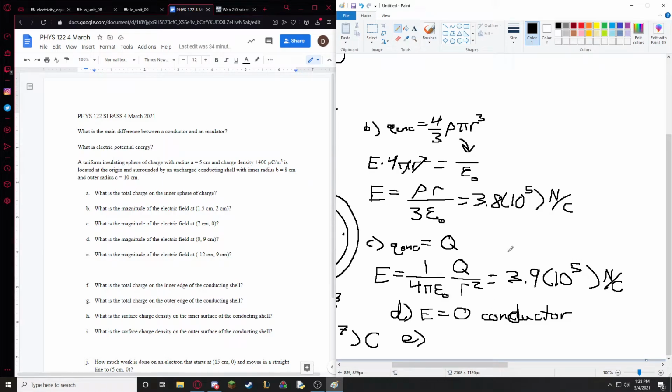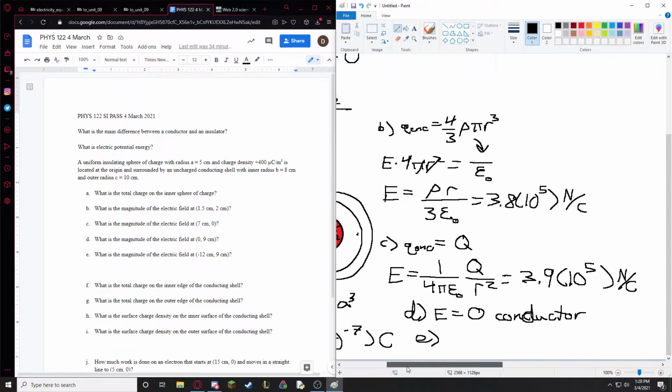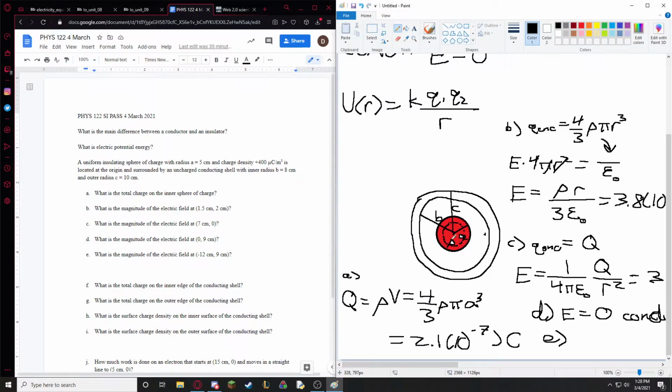All right, and now what about part E? We want to find the magnitude of our electric field at negative 12, 9. So we're somewhere out here. What's going to be our electric field out there? So we're outside our conductor.